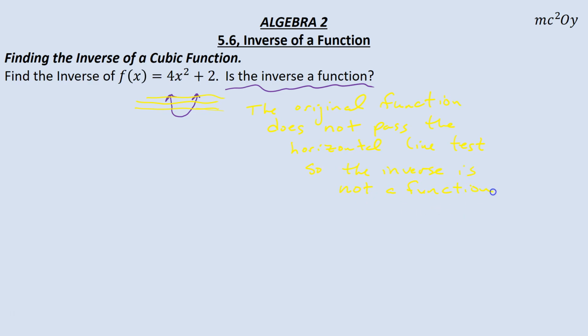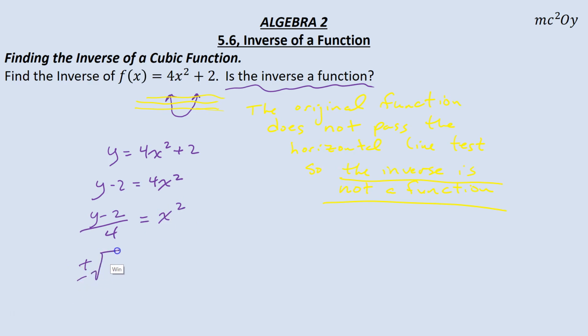All right, and then if I want to find the inverse, that's the other way to think about it. I can change that to y equals 4x squared plus 2. Subtract 2, so I get y minus 2 equals 4x squared. Divide by 4: (y minus 2) over 4 equals x squared. And then take the root.